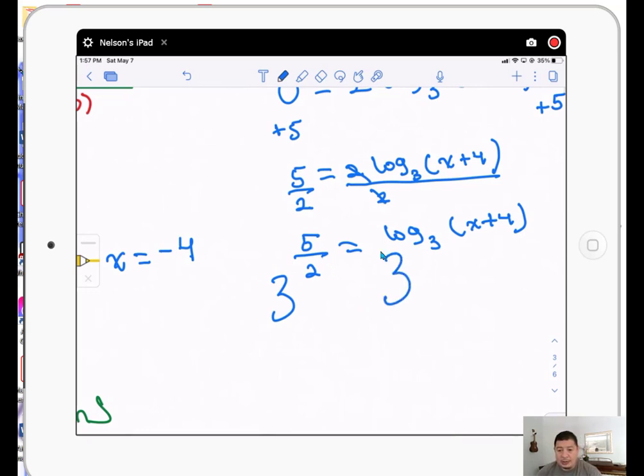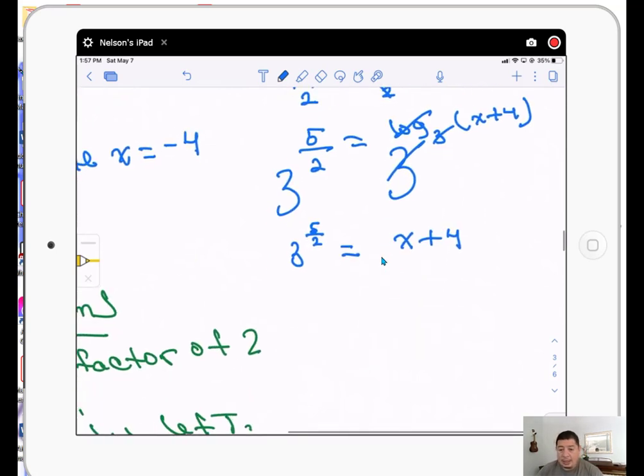All right, so then we're going to have 3 to the 5 over 2 is equal, and then these two cancel each other out, and so we're going to be left with x plus 4. And then I'm going to minus 4 on each side. So 3 to the 5 over 2 minus 4 is equal to x.